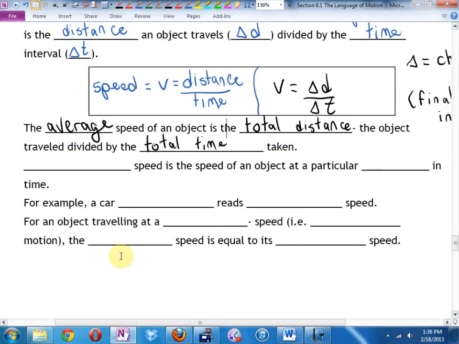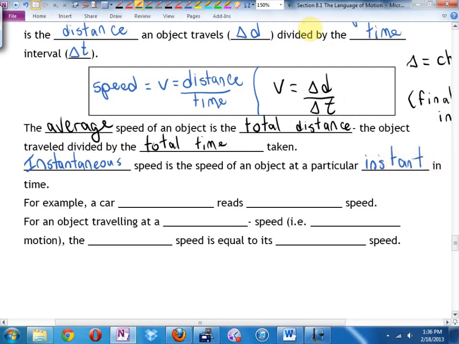That's average speed. Then, Hayden, there's something called instantaneous speed. That's the specific speed of an object at a particular instant.